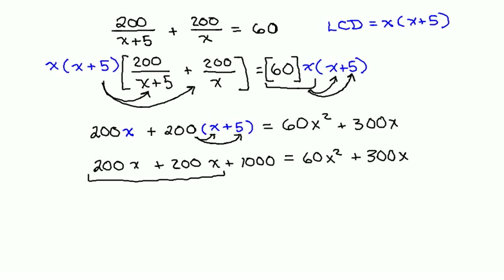This equation is starting to look just a little bit messy, but it will clean up pretty nicely by the time we combine like terms, get them all on one side, and then look for a GCF. So this term is 400x. Let's just go ahead and combine those and then subtract this from both sides without rewriting the whole equation again. So we will subtract 400x from both sides.